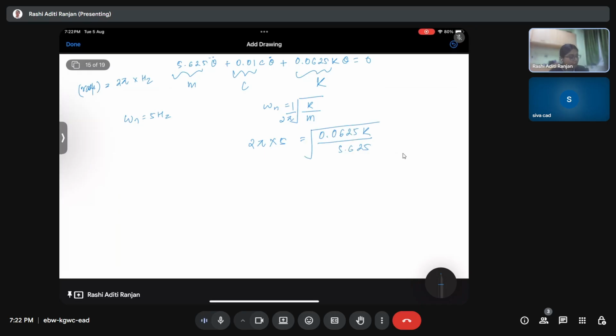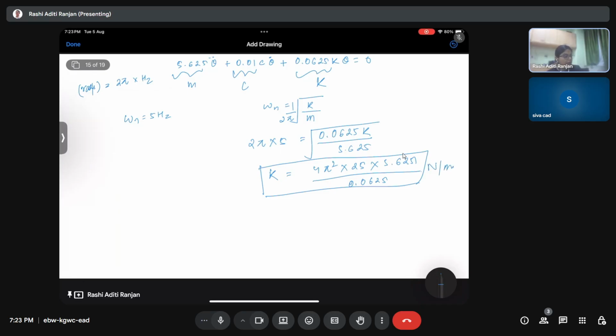I can evaluate the value of k, which will be 4 pi square into 25 into 5.625 divided by 0.0625. This will give me the value of k, which will be in Newton per meter.